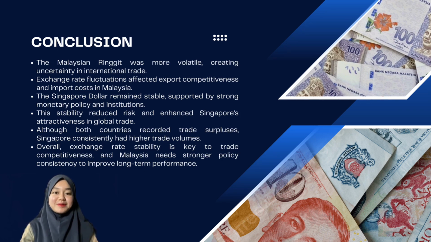In contrast, the Singapore dollar remained relatively stable due to strong monetary policy and a robust financial system. This stability reduced exchange rate risk and made Singapore more attractive to global investors and trading partners.